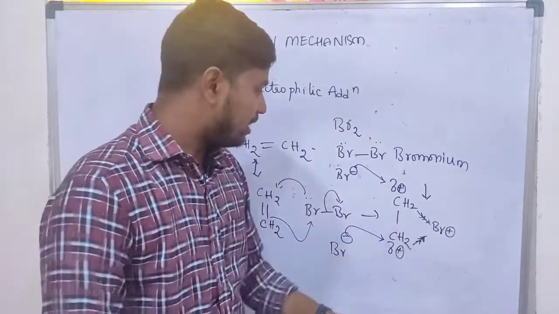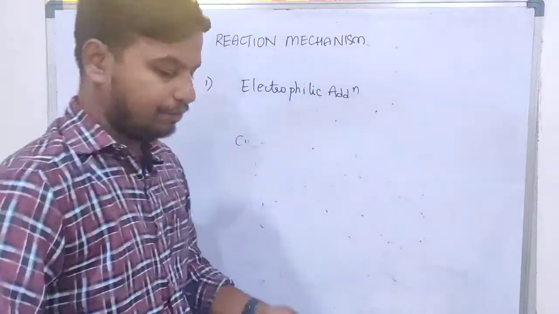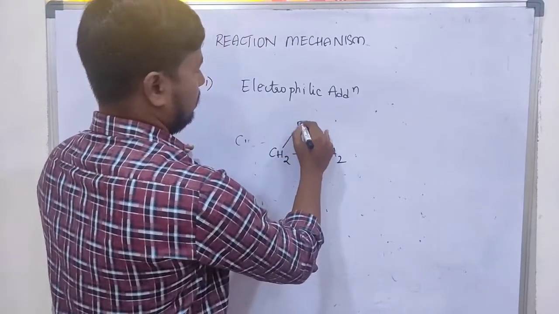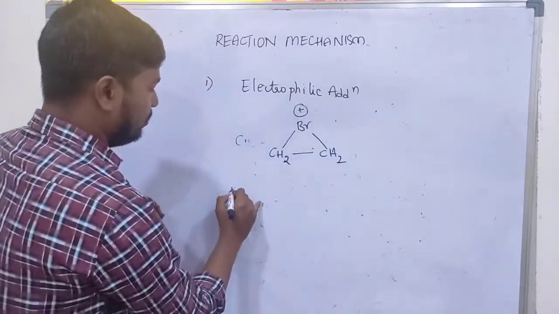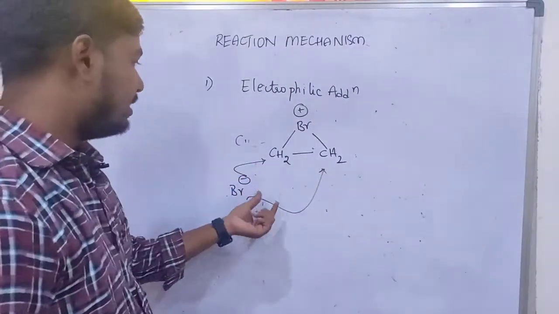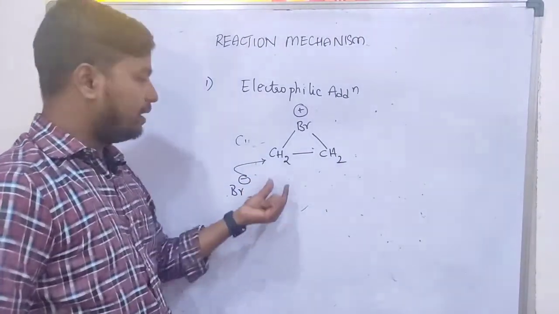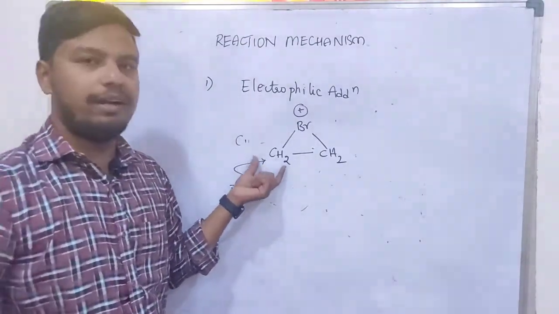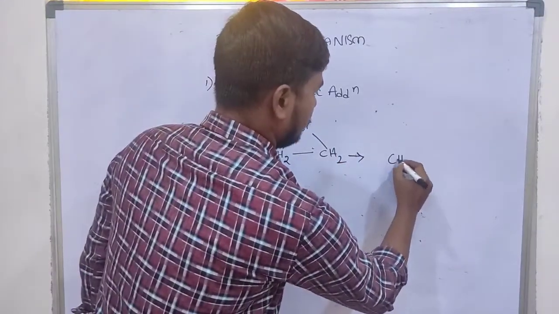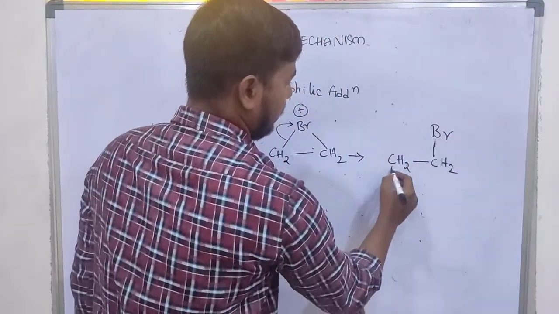Now I will write this reaction individually. The bromonium ion and another bromine are there. It is going to attack from here or here. Both are correct. Let us imagine it attacks here. After bond formation with this electron deficient carbon atom, this bond shifts here and results in CH2 bond CH2, with Br here and Br here.